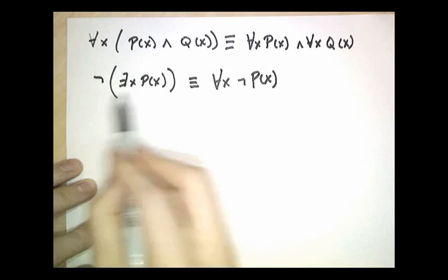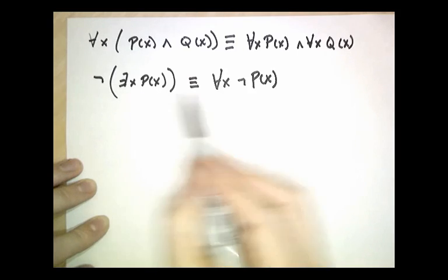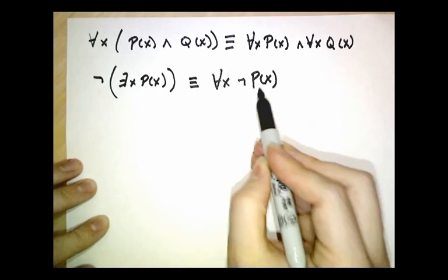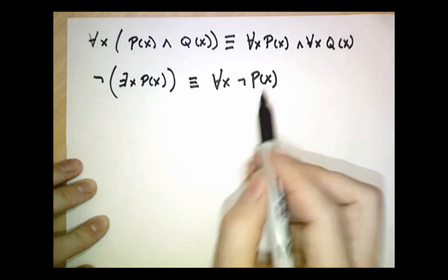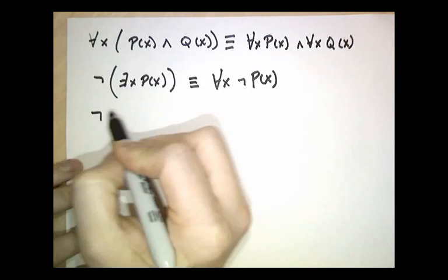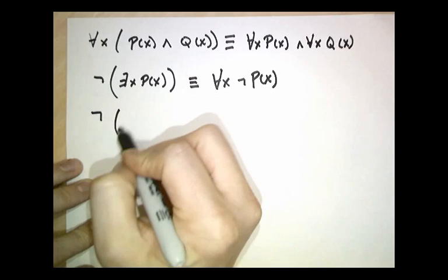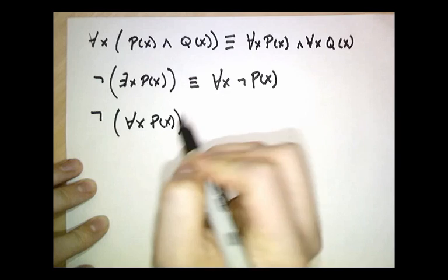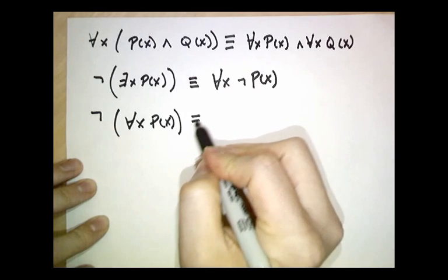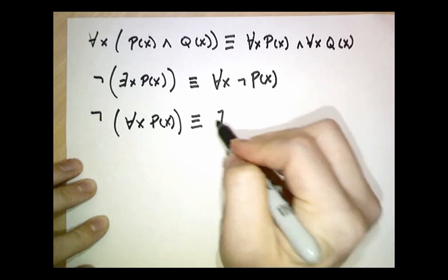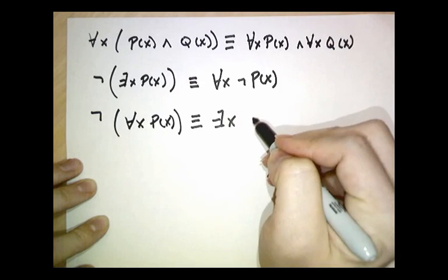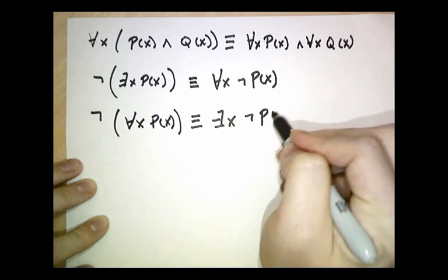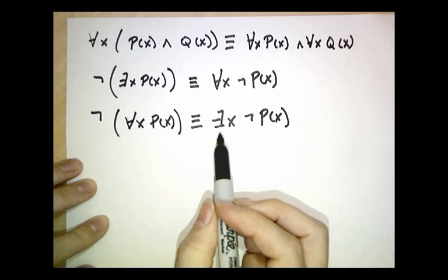If it's not the case that there exists an x for which p is true, it means that for every x, p of x must be false. And similarly, if we want to negate the statement that for all x, p of x is true, that's logically equivalent to there exists an x such that p of x is false.